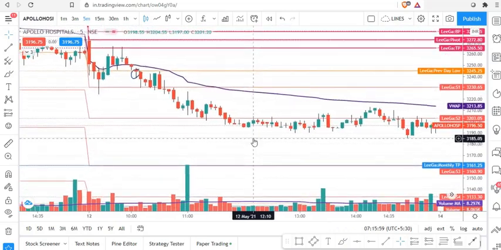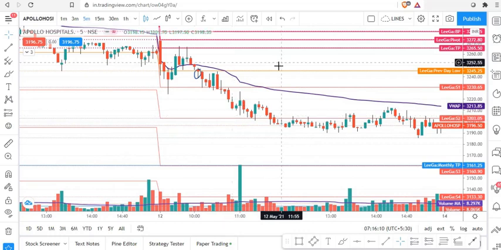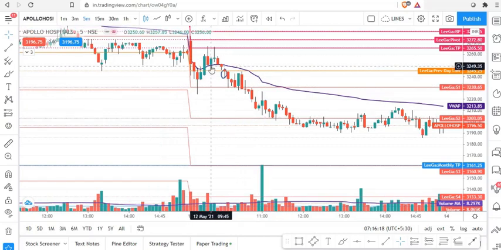Then a sharp fall up to 3230, then 3202. This is a support. The safe players can take entry only below this S1. Our first target is S1.